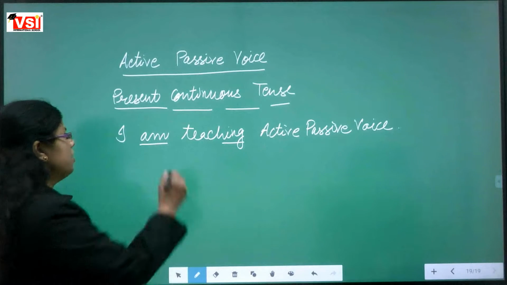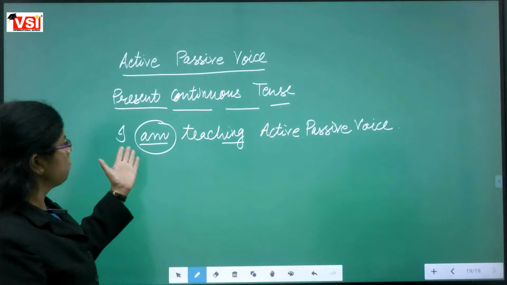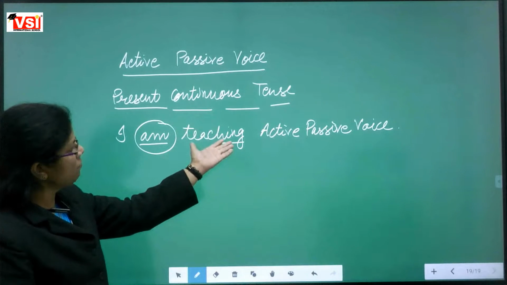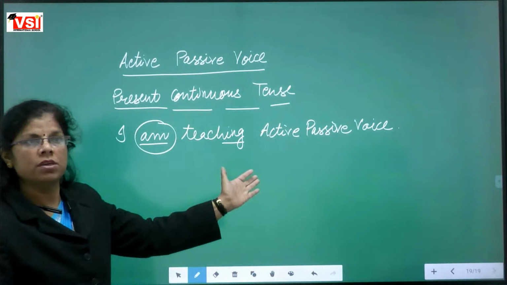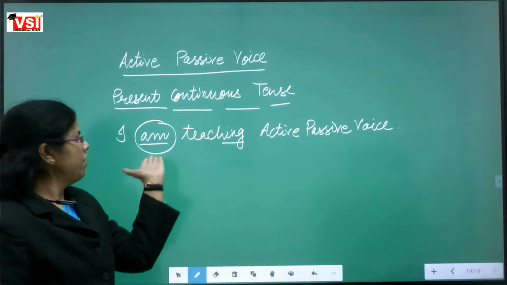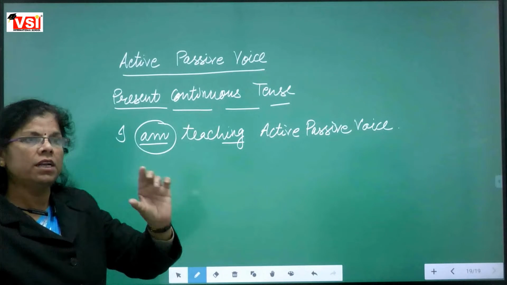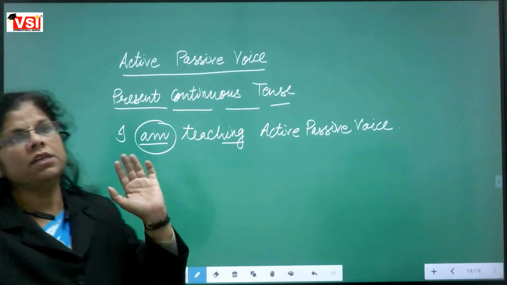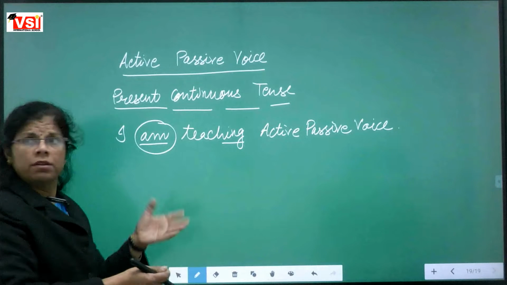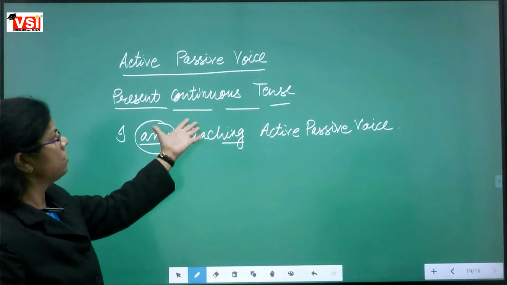If we are using a helping verb, the first form of be, is, am, are, and the second thing, teach plus ing, then the sentence belongs to present continuous tense. When we are using present and ing, that is the identification of continuous tense. We have discussed that this sentence belongs to present continuous tense.